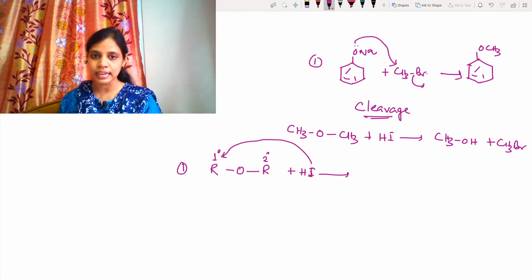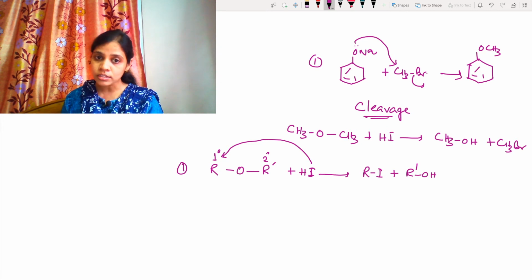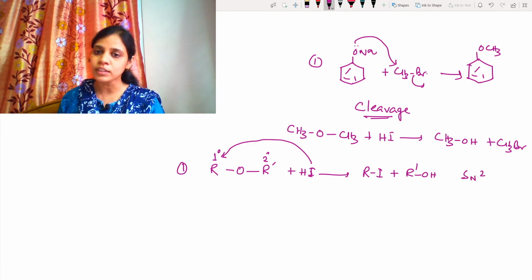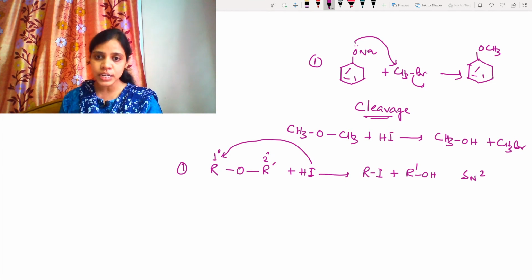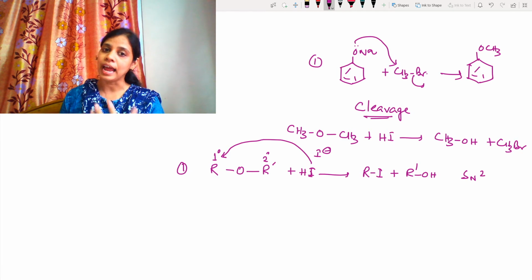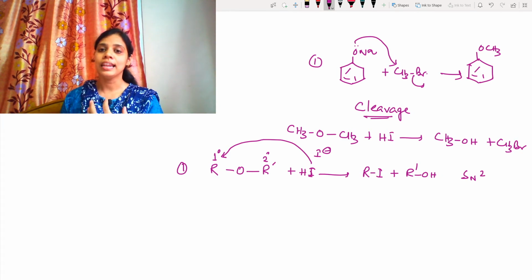So I write it will be RI and R'OH, because this reaction follows the SN2 path. In SN2, the less sterically hindered carbon always gets preference for nucleophilic attack. Here the nucleophile is I minus, which always prefers the carbon with less branching.